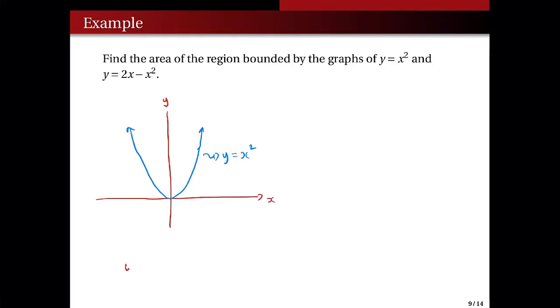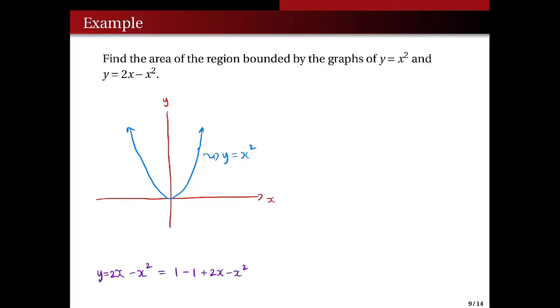So you have y equals 2x minus x squared. You can rewrite this as 1 minus 1 plus 2x minus x squared. Agree?